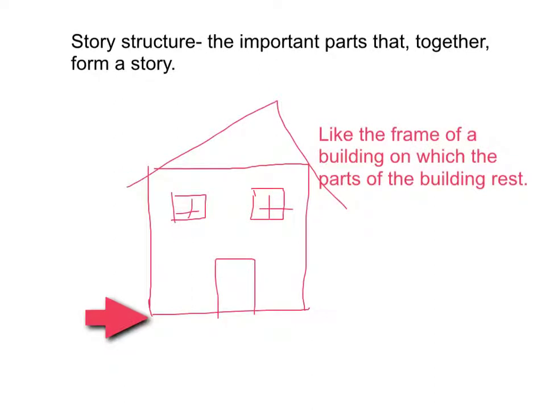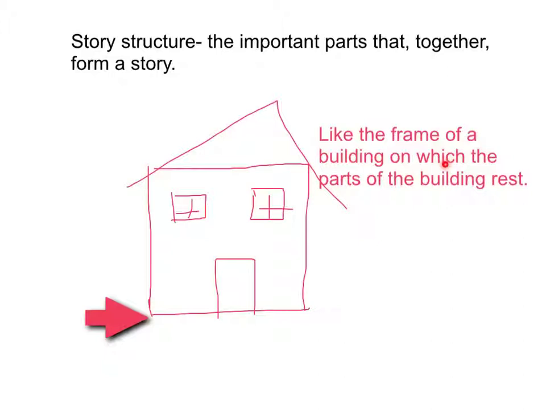Now, story structure, to help you get an idea of what this is, is all the important parts that together form a story. Okay? This is all the parts of the story that come together to help create the story, and we're going to be talking a little bit more later about that. Now, your book gives the definition that story structure is like the frame of a building on which the parts of the building rest.